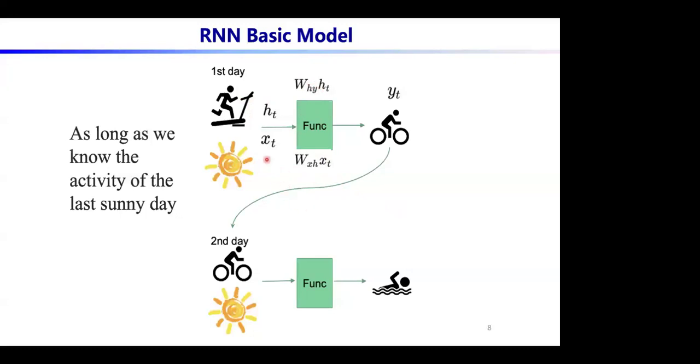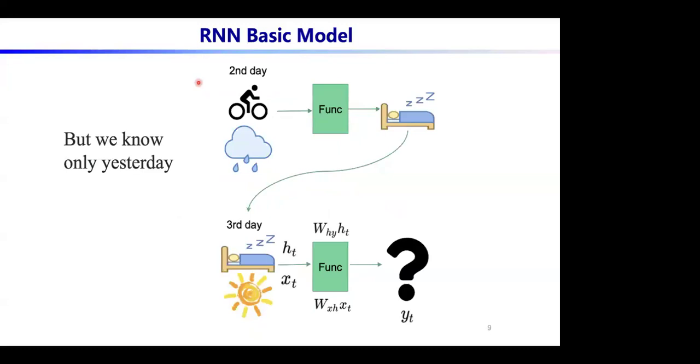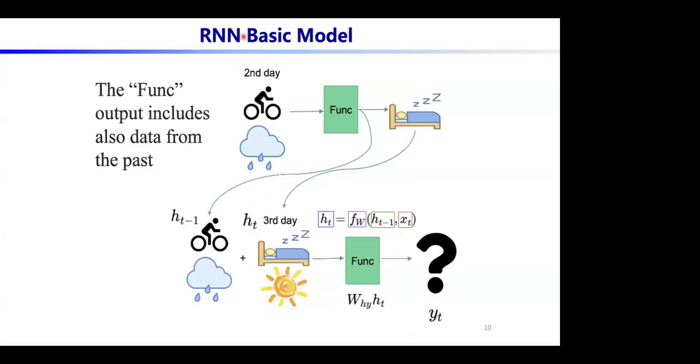We need a series of networks that can relay the historical influence of the previous day, and then the previous, and the previous day. So that's something like that. And then our network should be able to give us the planned activity of the next day based on the records of the previous days. Okay.